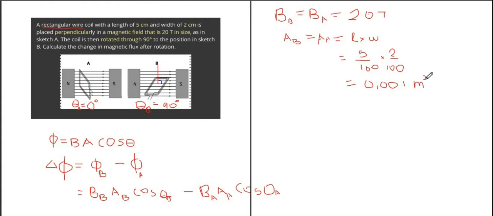Just always double check your answers, right? Okay, so now that we know what B is and what the area is, we can now calculate the change in magnetic flux. So this whole equation becomes this. You have the change in magnetic flux.